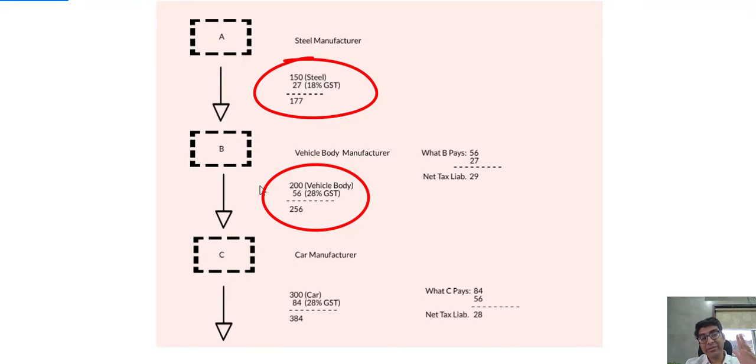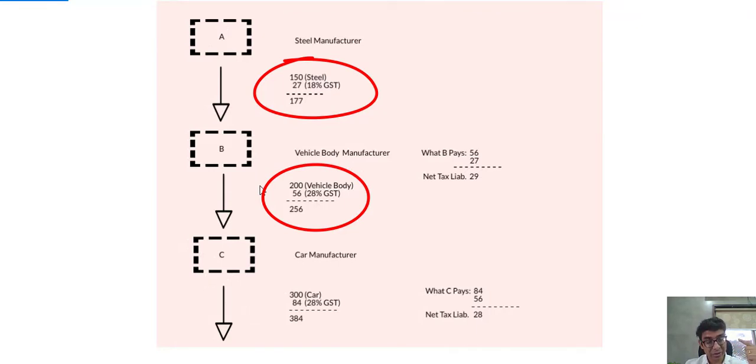So now when B wants to sell to C, what does he do? He tells C, hey C, look, you want to buy? Okay, I'm willing to sell it to you for 200 rupees because I've added value. Although I purchased the steel for 150 rupees, I can sell it to you for 200 because I've added value.